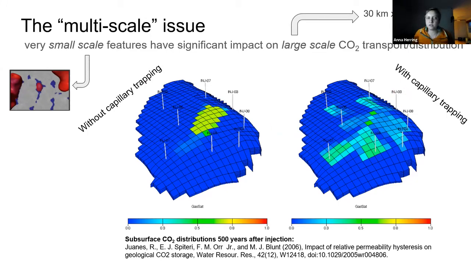On the other hand, if you do incorporate capillary trapping into your model, we can see that the CO2 is much more broadly dispersed, and it doesn't ever form a gas cap underneath the cap rock there. So it is really important that we understand what's happening on these small scales and then try to incorporate it into our larger scale models.